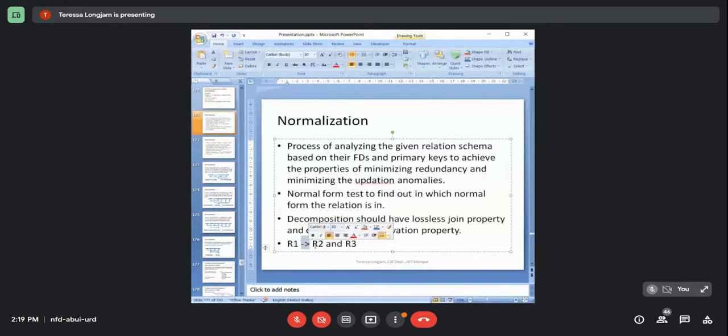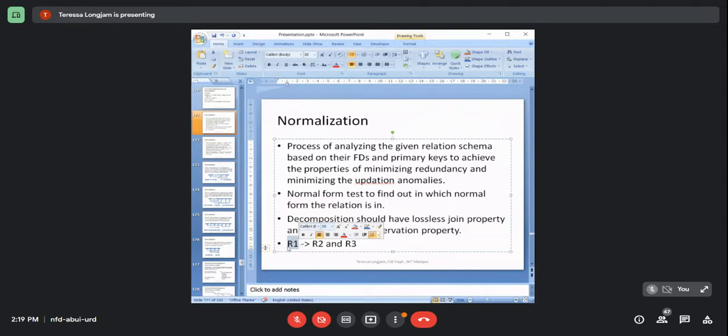Okay, so this decomposition of R1 into R2 and R3 should preserve two properties. One is lossless join and another one is dependency preservation. So the first one, that is lossless join, specifies that when we perform join of R2 and R3, the resultant should be R1.